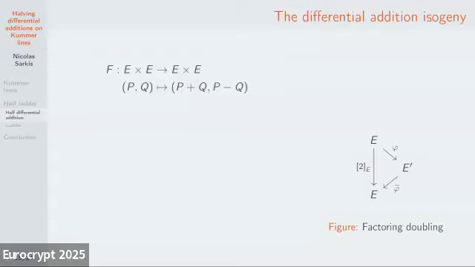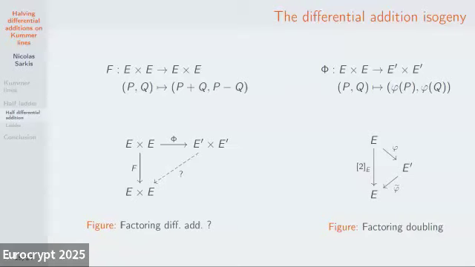Since we're working on a product of elliptic curves, and my 2-isogeny phi is just between 2 elliptic curves, we can look at the diagonal map where you evaluate individually at P and Q to have an isogeny on your product of elliptic curves. And the question is, can you factor the differential addition in that way, ideally?